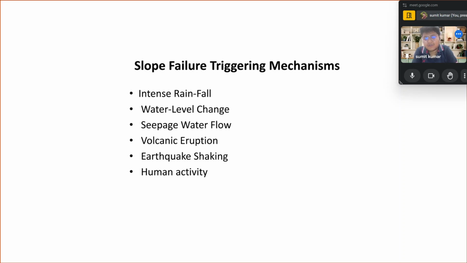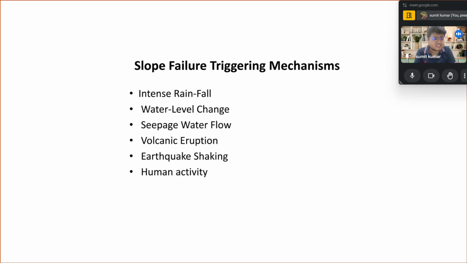Now, the volcanic eruption. This is not a general practice, not associated in general, because active volcanoes are not present all across the globe. So this is a limited point which will lead to the failure of the slope or trigger the failure of the slope.